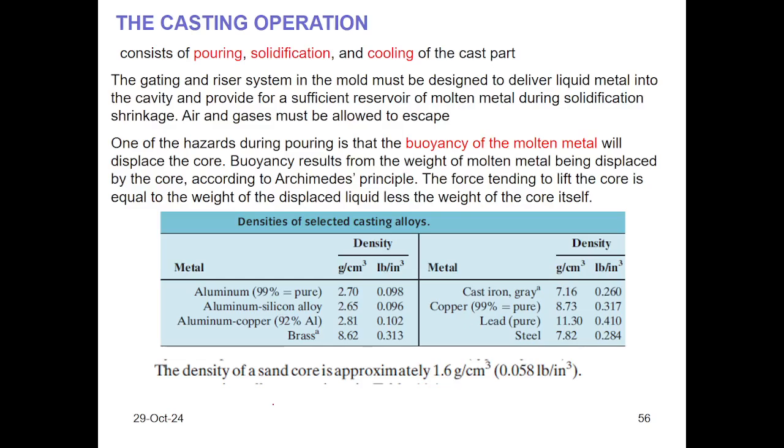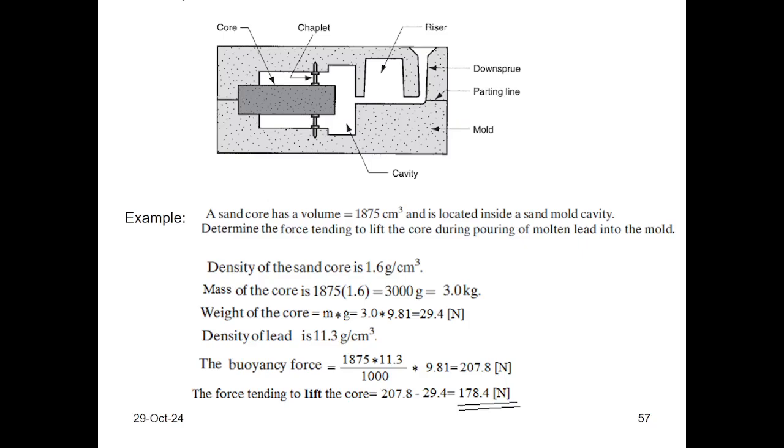If the core is made of sand, it can be taken as 1.6 gram per cubic meter. By the way, in substituting the density, if you need to use the SI unit system, then the density is to be in kilogram per cubic meter. If you multiply the given density values in this table by 1,000, then the unit will be kilogram per cubic meter.